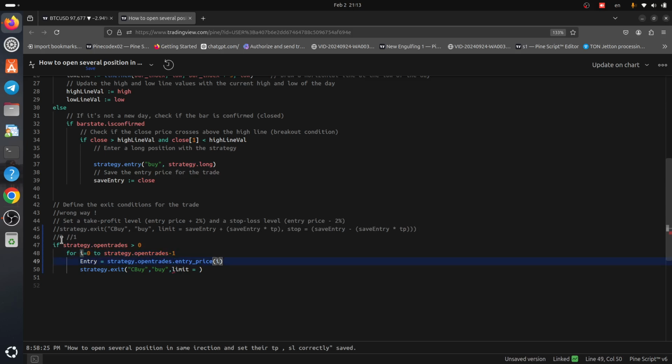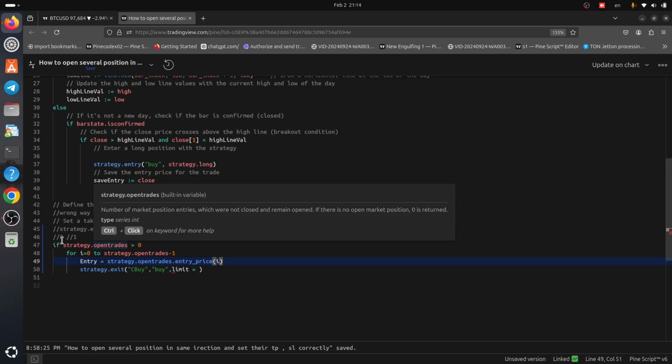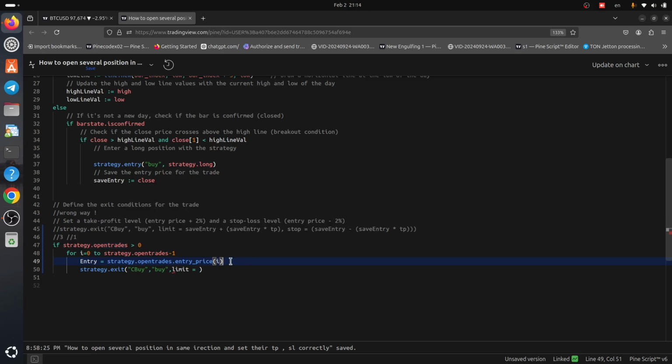So if for example we have 3 trades, it gives us our first trade entry price, then our second trade entry price, then add 10. So I use i, and here I copy this, and we just change save entry with entry.